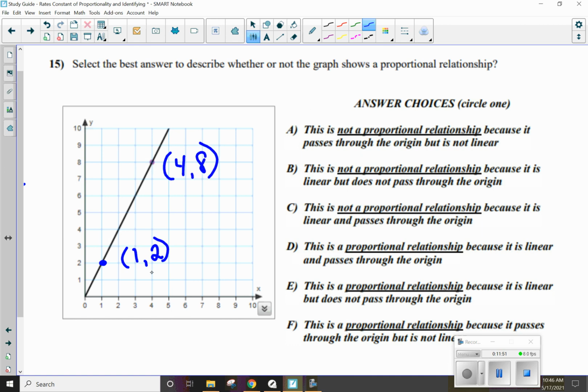If I were to divide y by x here, 2 divided by 1 is 2, and 8 divided by 4 is 2. So as we can see, it starts at the origin, it's a straight line, and my constants are all the same. So the correct answer here would be D. This is a proportional relationship because it is linear and passes through the origin.